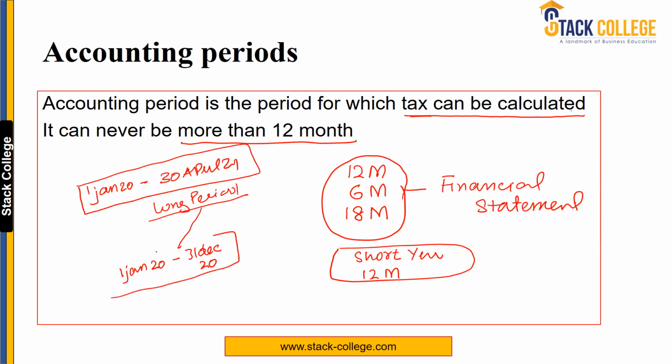So this is the first 12 months. And now the leftover part is the next period, that is 1st January 21 to 30th April 21. That is a 4-month period, which is a short period.